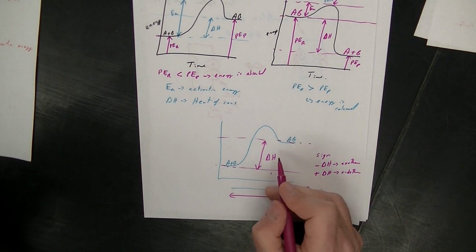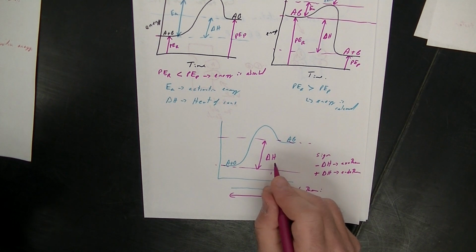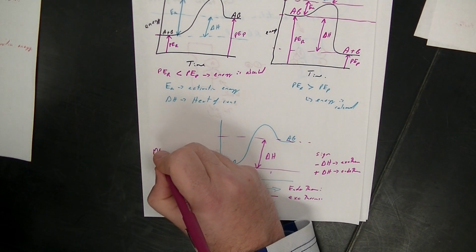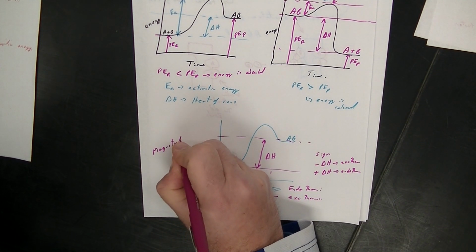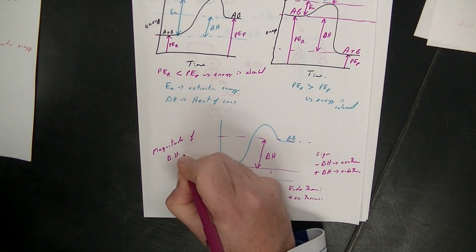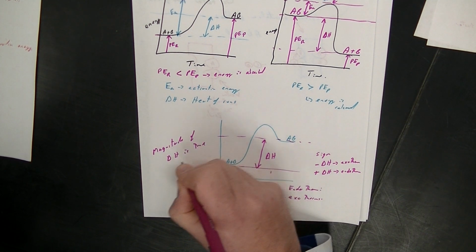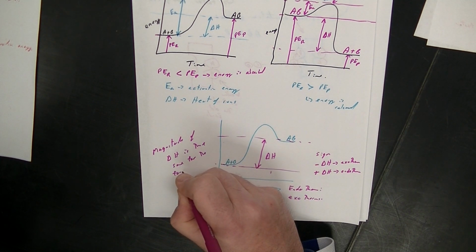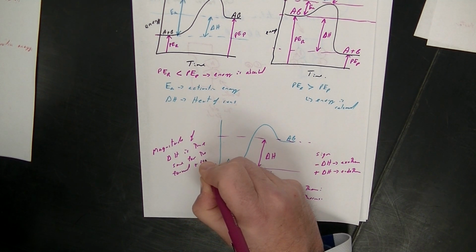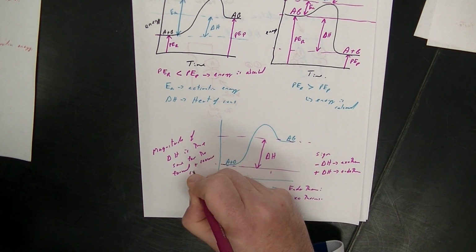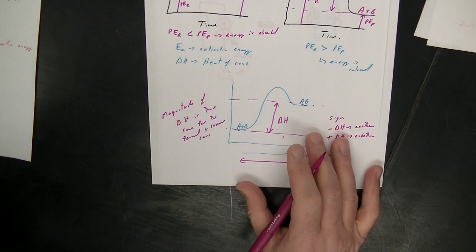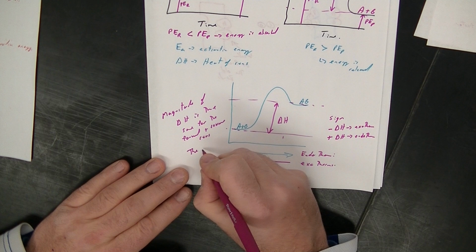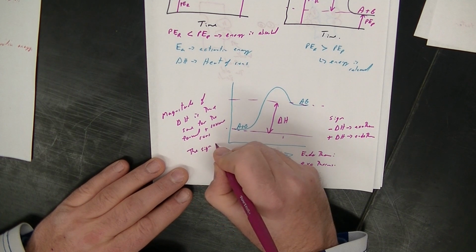So the magnitude of delta H is the same for the forward and reverse reactions. What's different is the sign.